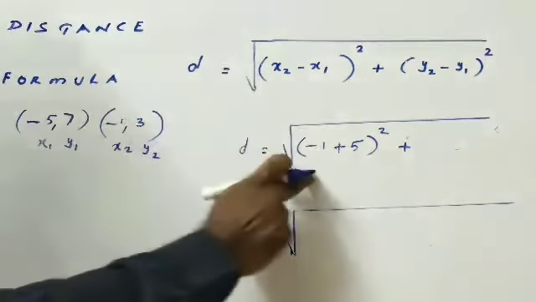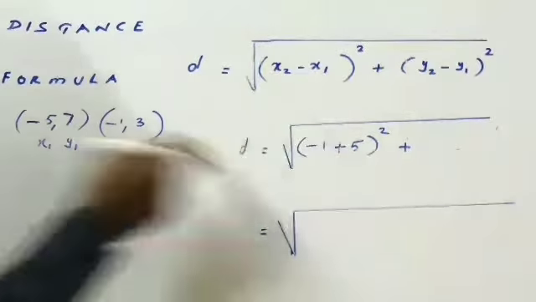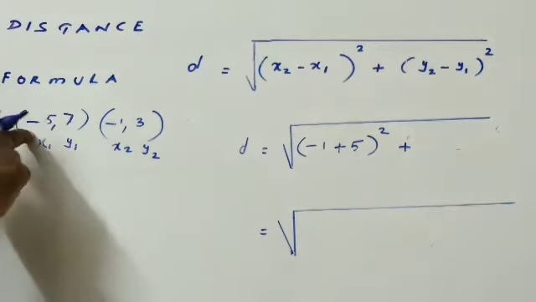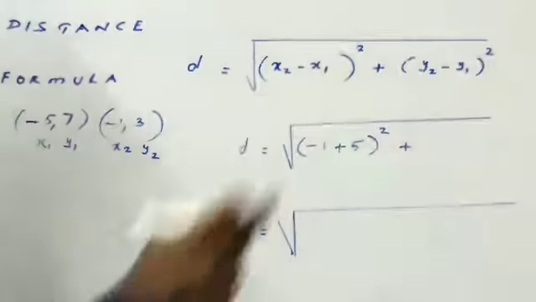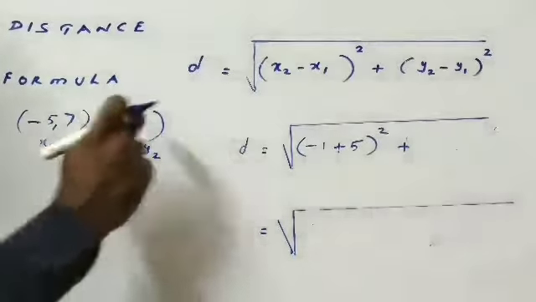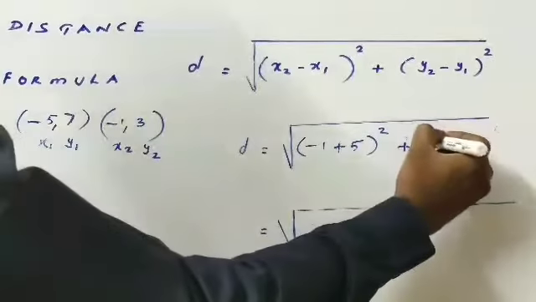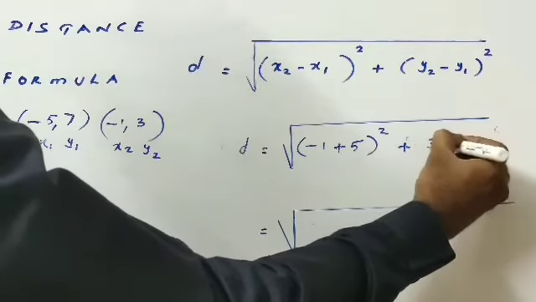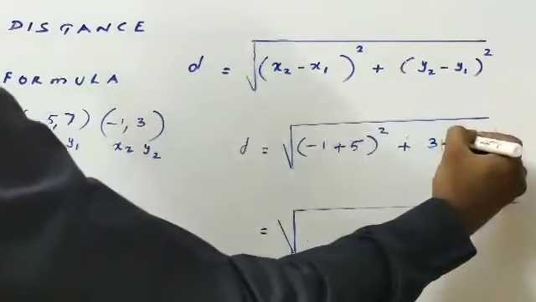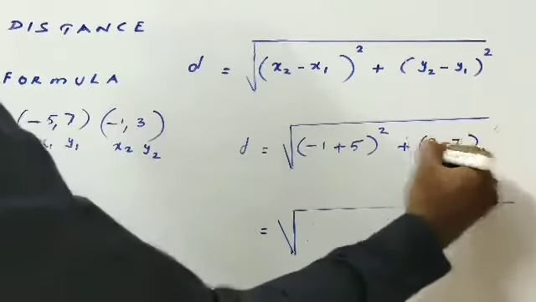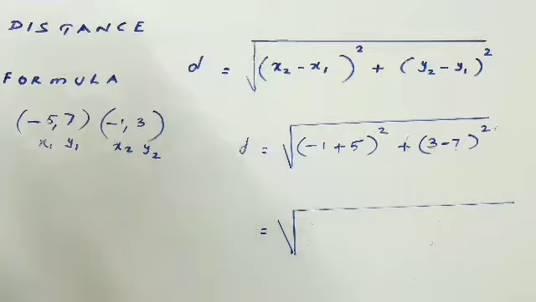x2 is minus 1, minus x1, that is minus 5. Minus into minus is plus, 5 the whole square. Then y2 is 3 minus y1, that is 7. 3 minus 7, whole square.